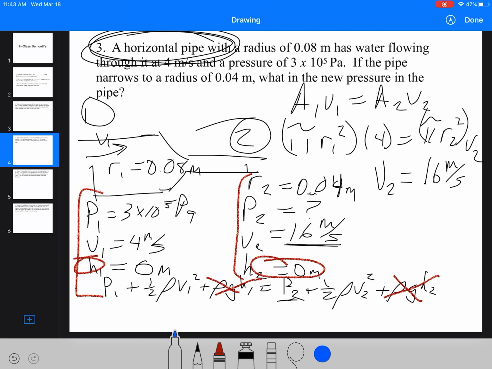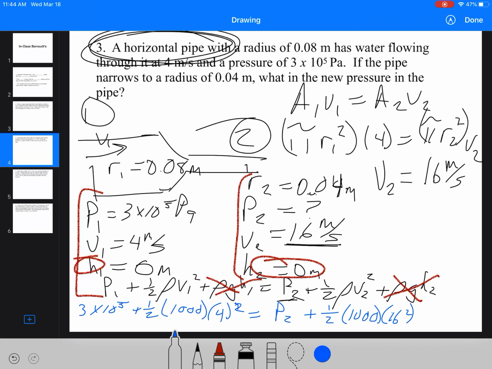So my pressure at location 1 is 3 times 10 to the 5th plus 1/2 times the density of water times my velocity squared at location 1, so that's 4 squared, which is equal to P2 plus 1/2 the density of water times my velocity squared.